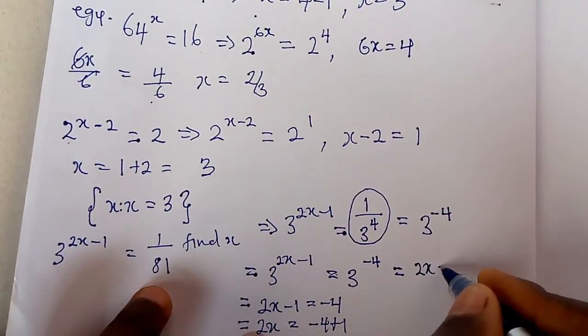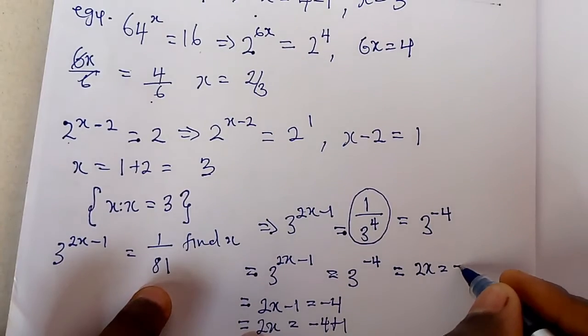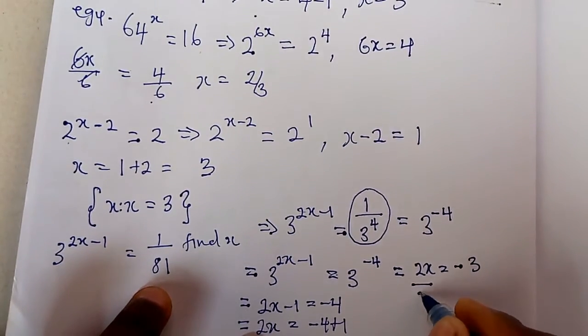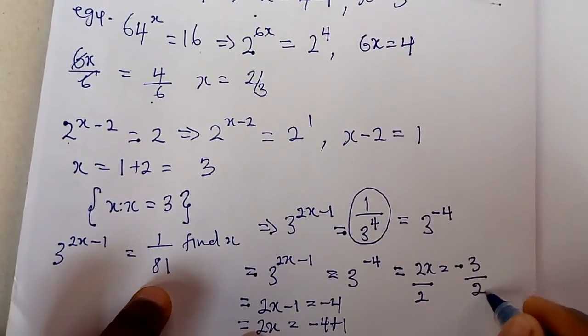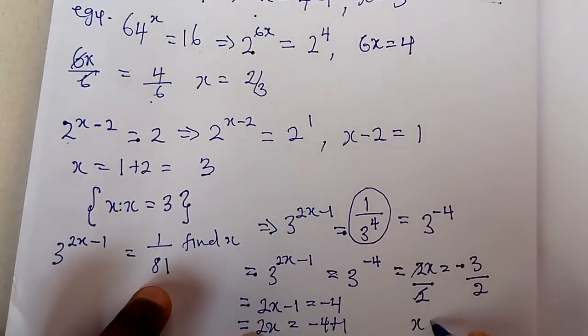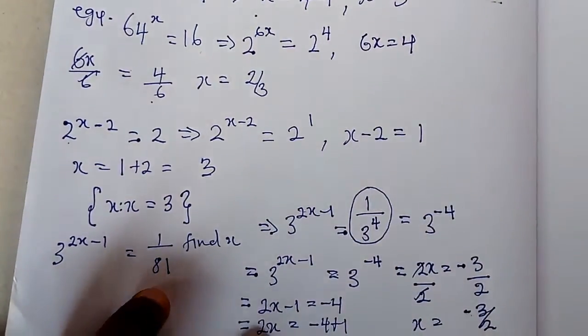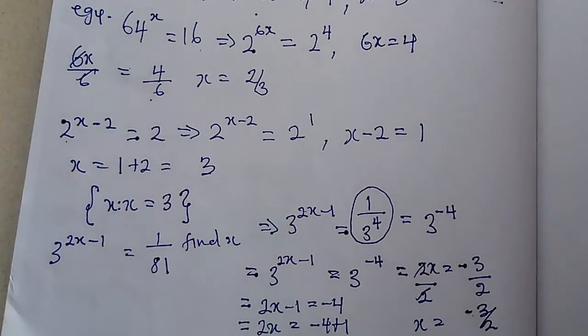So I divide this by 2, and divide this portion by 2, and I have my x equal to minus 3 over 2. So this is how we solve exponential equations.